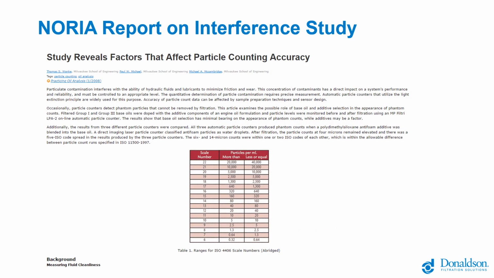There's a study done on this about 10 years ago by the Milwaukee School of Engineering, but it really didn't provide the context of this conversation, that the fact that it raises the particle count would confuse people into believing that filters are not working and they need to overfilter and keep filtering. So this is a very confusing thing for these applications. You'll put filtration in and people will think it's not working.